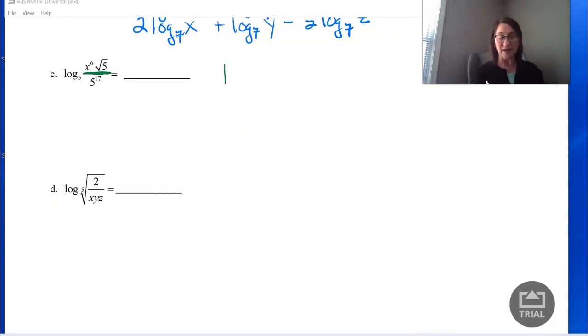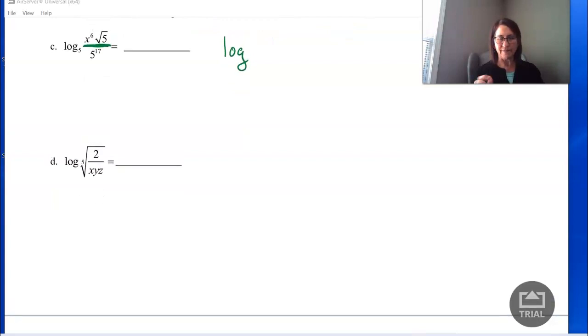So I'm going to set this up as log base 5 of x to the 6, square root of 5, minus, we'll just leave it like that, minus log base 5 to the 17.